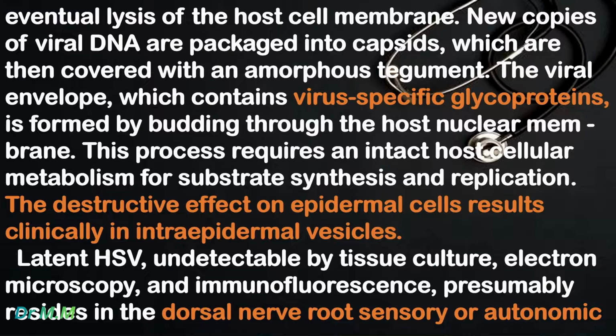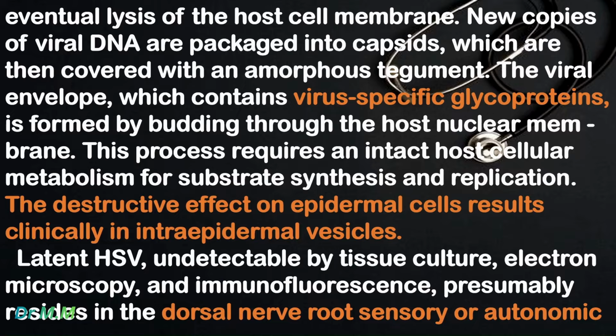The viral envelope, which contains virus-specific glycoproteins, is formed by budding through the host nuclear membrane. This process requires an intact host cellular metabolism for substrate synthesis and replication. The destructive effect on epidermal cells results clinically in intraepidermal vesicles.